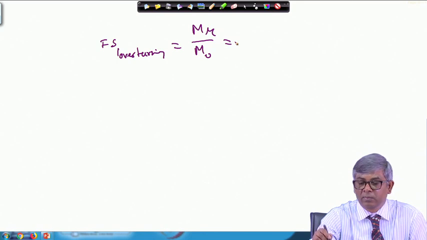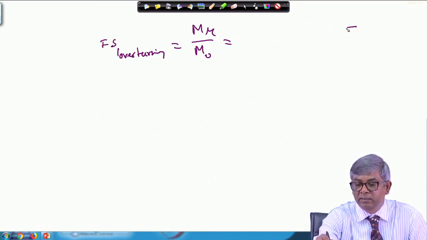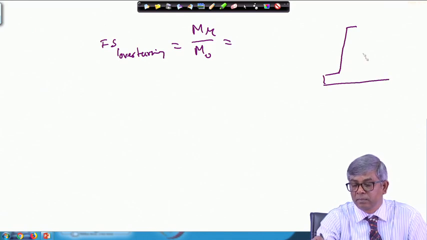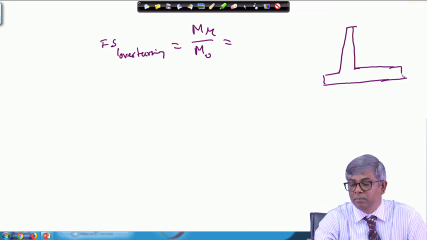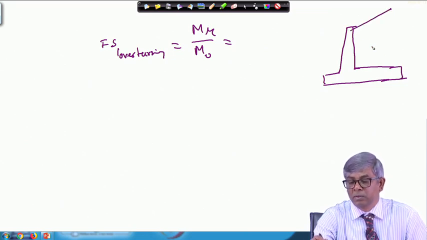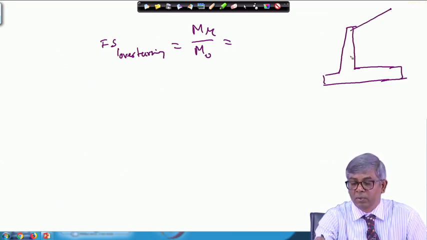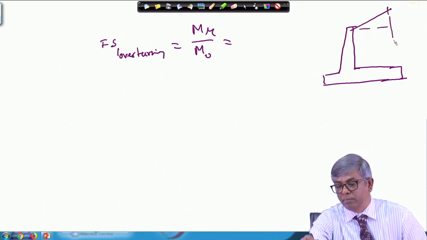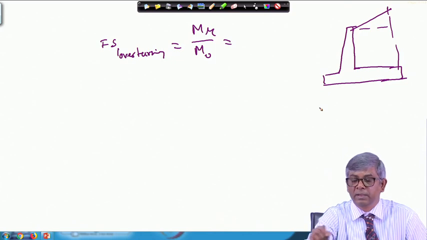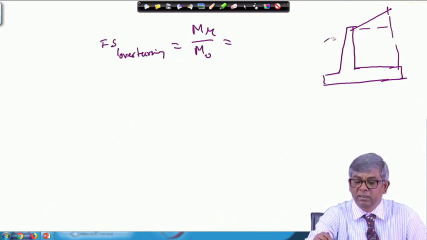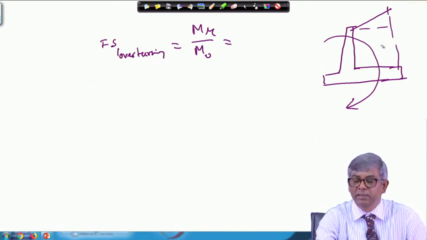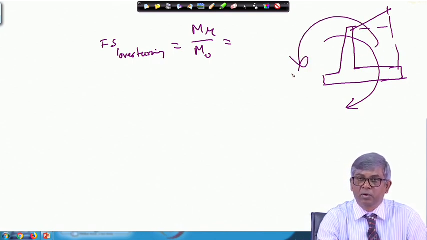Wall weight. If the wall is something like this, you can see because of all the weights, 1, 2, 3, 4, 5, actually creating restoring moment, resisting moment, and only P h is giving you moment in this direction. So, for overturning.